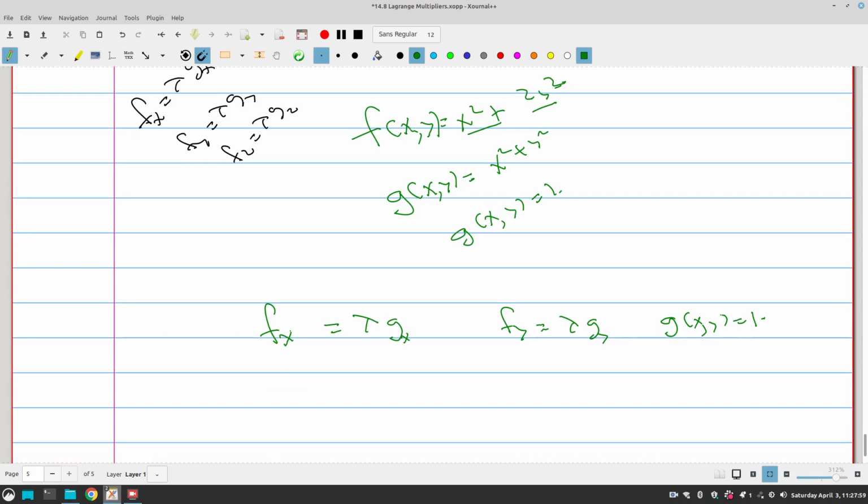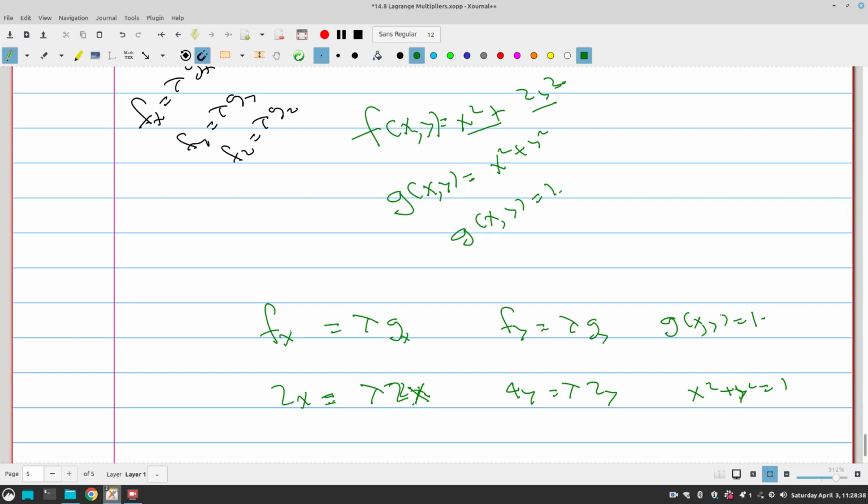So let's try solving these equations. The first equation: fx is twice x, which equals lambda gx, which is lambda times twice x. And fy equals lambda gy, so you would have 4y equals lambda times 2y, and of course x squared plus y squared equals 1.